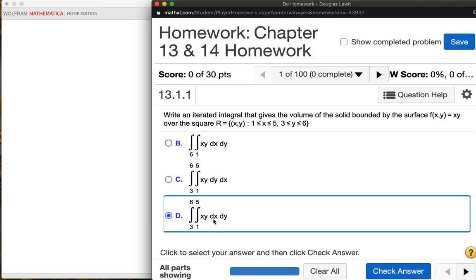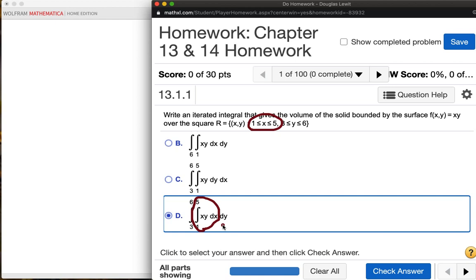So, okay, 1 second. We have this integral right over here. So we have the integrand, which is x times y, and we're integrating with respect to x. The limits of x are 1 to 5.